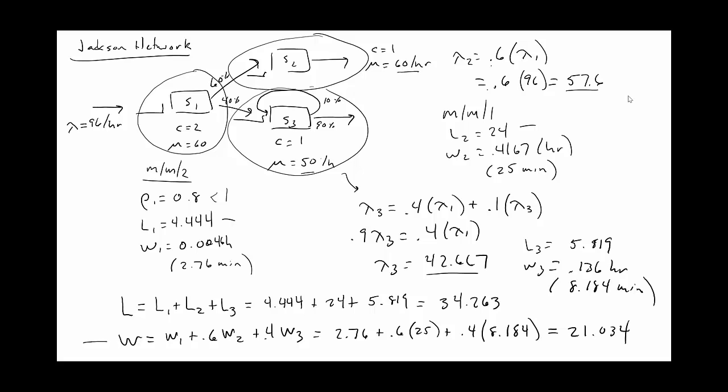And so, in summary, our 5 conditions for a Jackson network are the external arrivals all have to be exponential or exponentially distributed inter-arrival times, Poisson arrivals. All of the internal processing times have to be exponentially distributed. All of the routing inside has to be probabilistic.